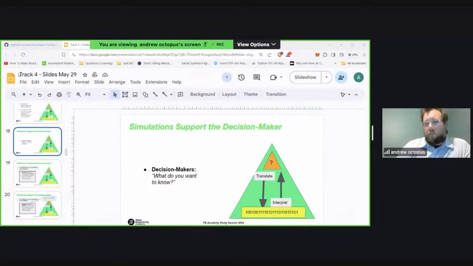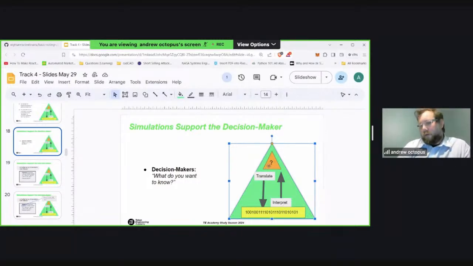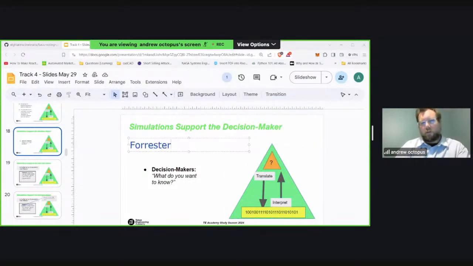And we do want to build up, because after we translate down to the low level of numbers and logic, we have to then interpret what we got so that ultimately we come back. And that's the purpose of a model. I believe it was Forrester, one of the greats of system engineering, and if it's not him, I hope someone will correct me, who said a model is built for a purpose.